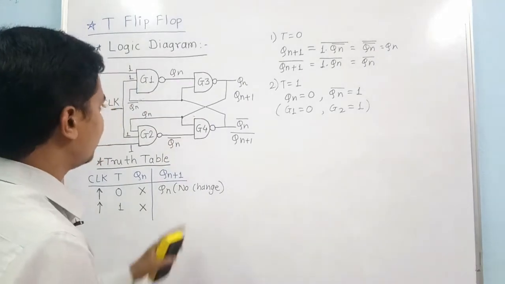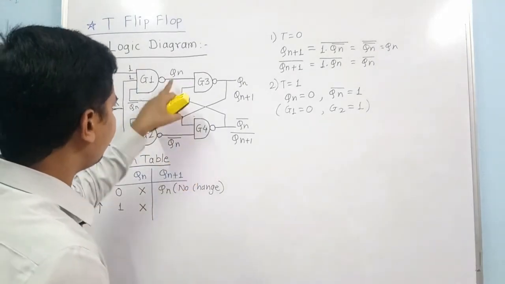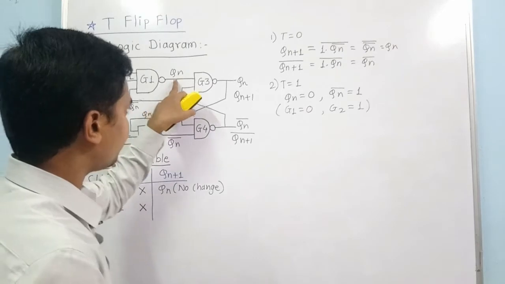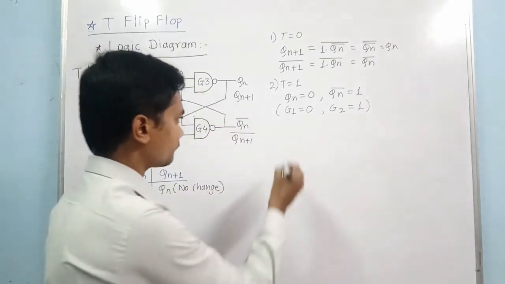Now let's consider if Qn equal to 0, then what will be Qn plus 1?